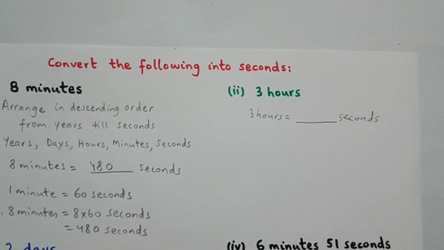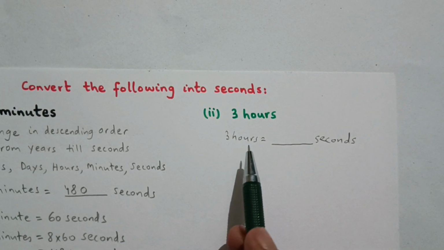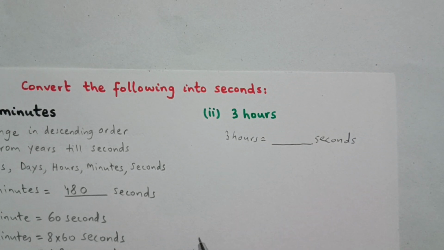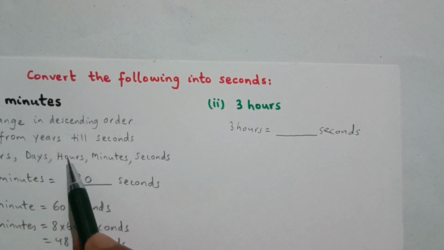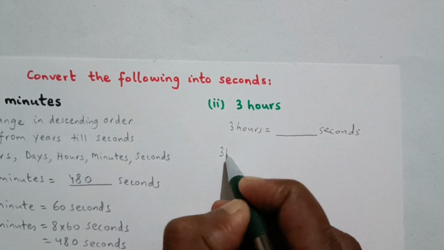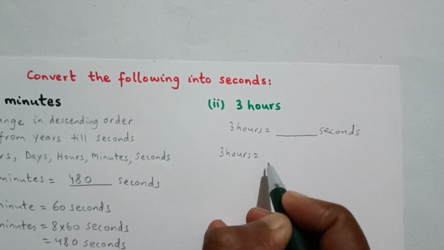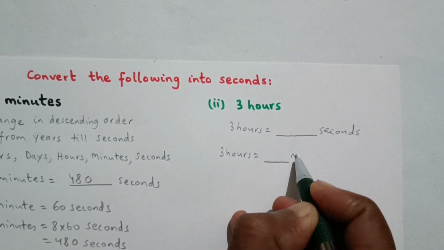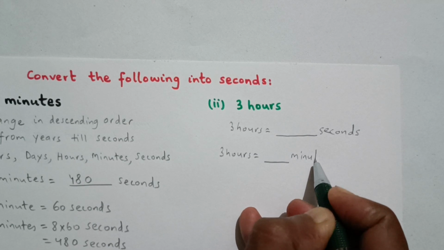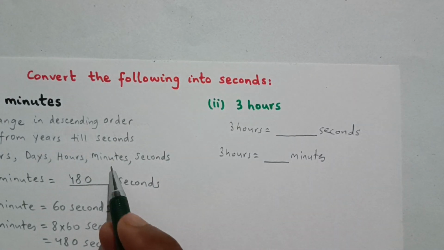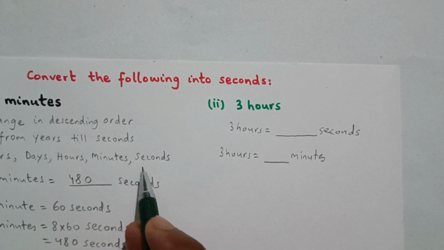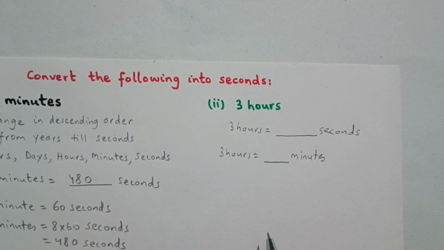So therefore 3 hours we have to convert into seconds. First we will convert 3 hours into minutes. So 3 hours is equal to how many minutes? And then those minutes we have to convert into seconds.